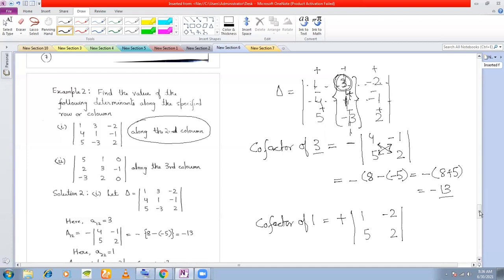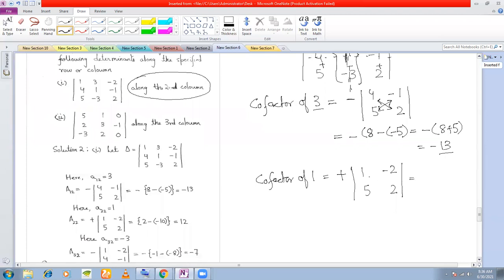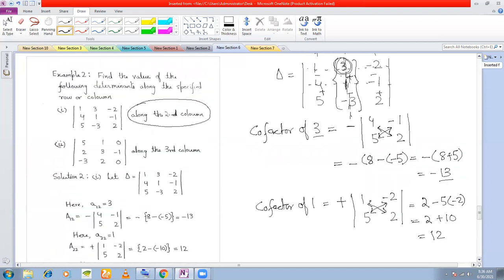To find the value of this determinant, you multiply these two: 1 into 2 is 2, minus 5 into -2, which is equal to 2 plus 10, which is 12. So we got the cofactor of this element also.